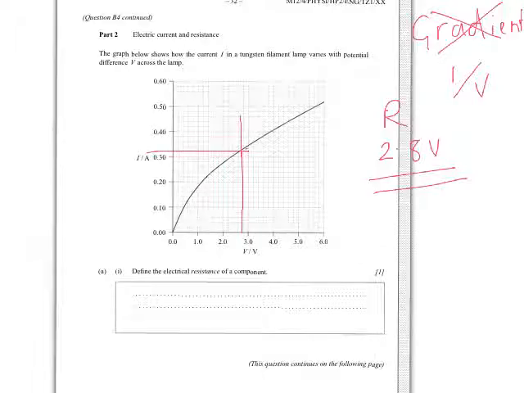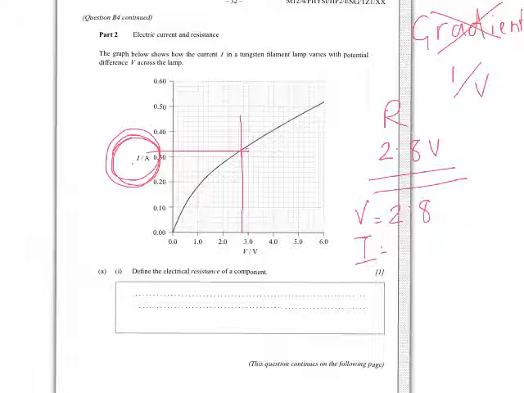So you've got a voltage of 2.8 and a current of, and be careful with units when you're reading values from the axes of a graph, here it's easy, there's no times 10 to the power of something, it's just 0.33. So we work out our resistance by just dividing the voltage by the current, which gives us 8.5 ohms.